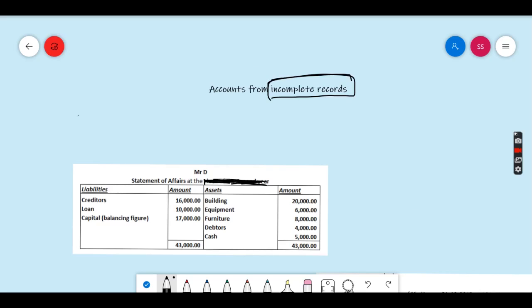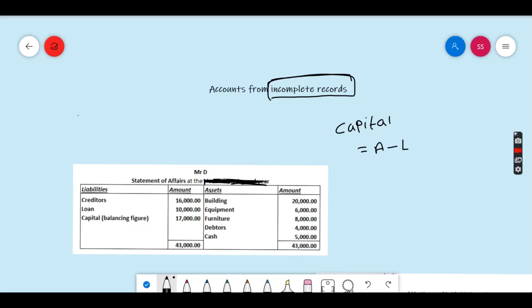But what if they don't give the opening capital and closing capital? All you have to do is assets minus liabilities. If they gave opening assets and opening liabilities, you can do opening assets minus opening liabilities to find out the opening capital. And if they give closing assets and closing liabilities, you can do closing assets minus closing liabilities to find out the closing capital.